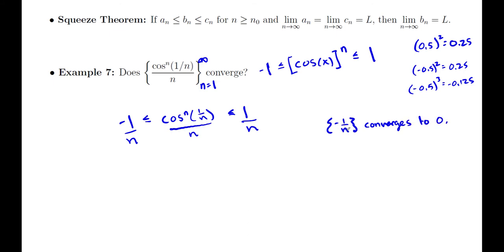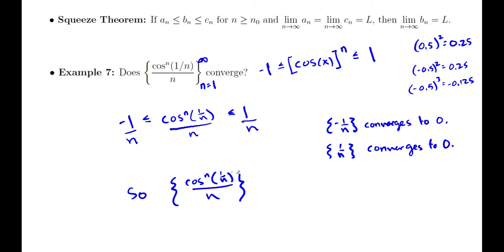The limit as n goes to infinity is 0, and 1 over n converges to 0. So that means that our sequence, the cosine to the nth power of 1 over n divided by n, converges to 0 by the squeeze theorem. So hopefully that gives you an idea of how we can use that squeeze theorem to answer kind of a complicated looking question.